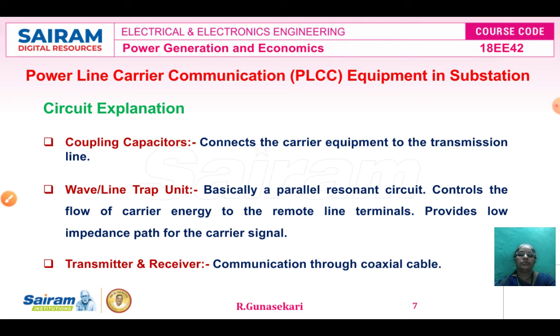Then the wave or line trap unit. Basically, it is a parallel resonant circuit. It is used to control the flow of carrier energy to the remote line terminals. The wave line trap unit provides a low impedance path for the carrier signal.